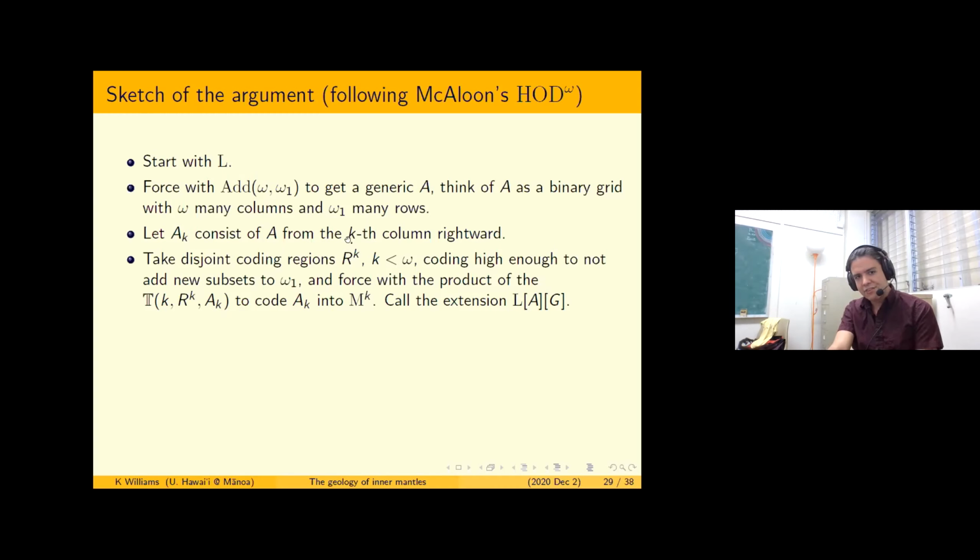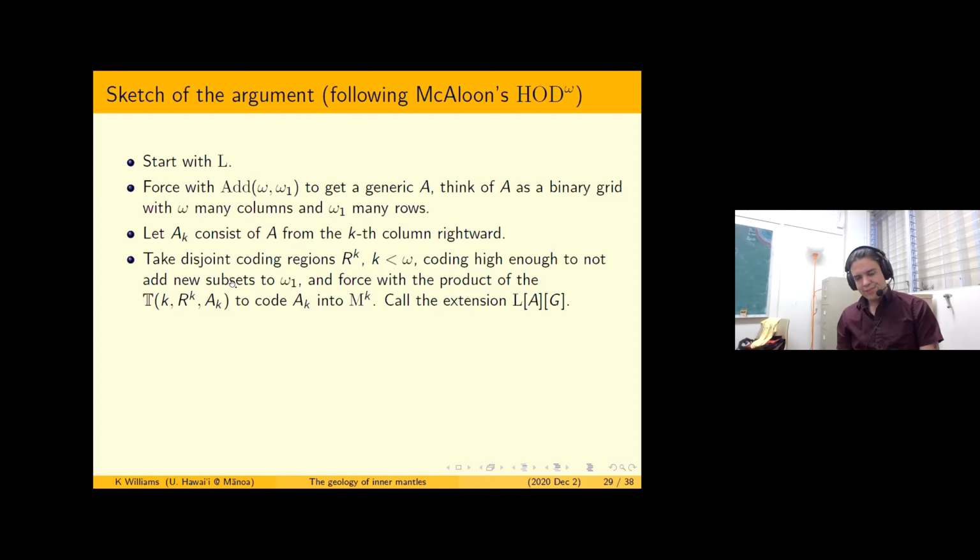Okay. And so let's take disjoint coding regions, which I'm going to sweep under the rug how you define. It's kind of easy. And we don't want to add new subsets to omega-1, so let's not let omega-1 be in the coding region. Then we're going to code A_k in the kth coding region to be into the kth inner mantle. Okay.